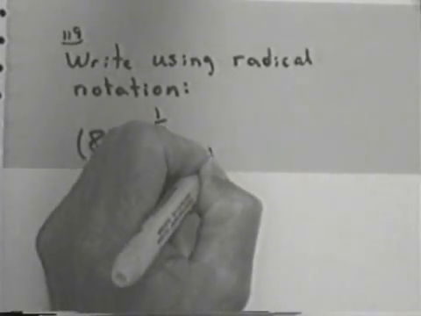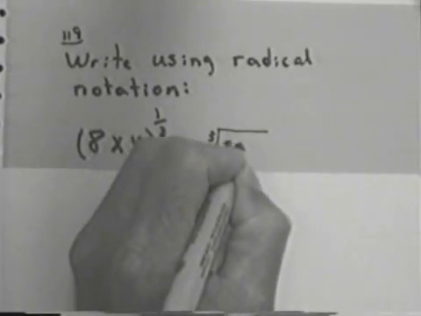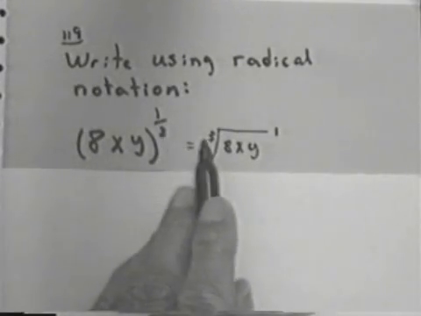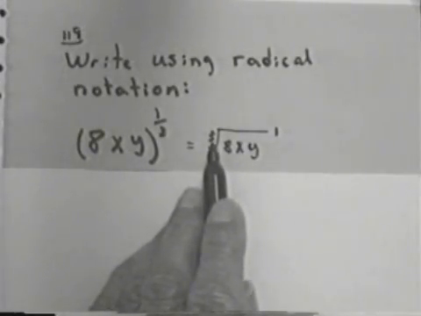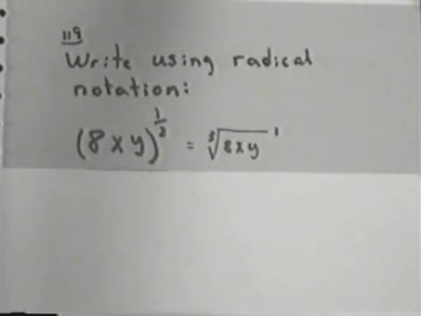I can rewrite this as the cube root of 8xy to the first. The denominator tells me the root to take. The numerator tells me the exponent. Now, I did not say simplify, so I'm going to quit there. All I did was say write using radical notation.